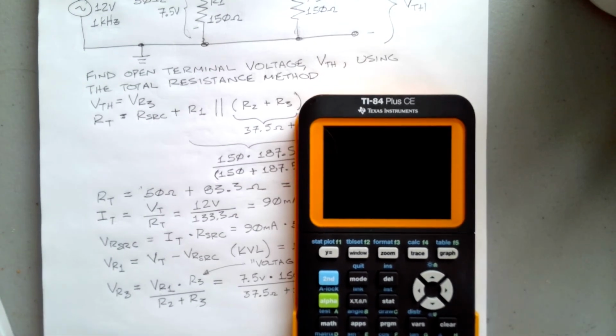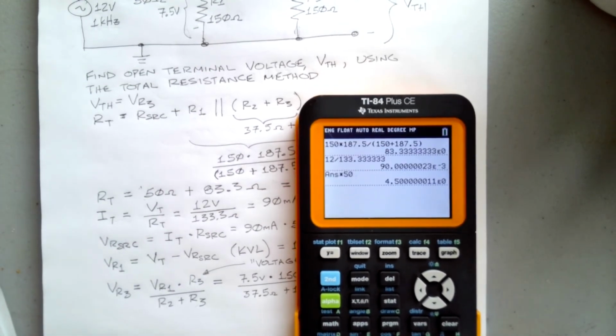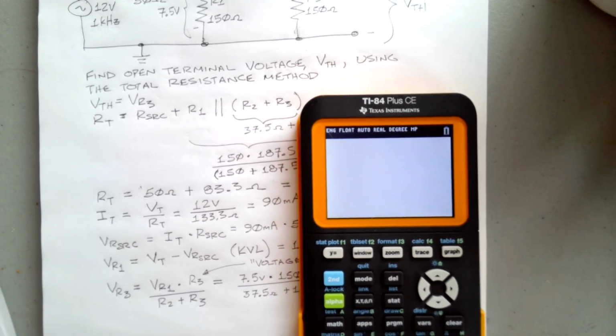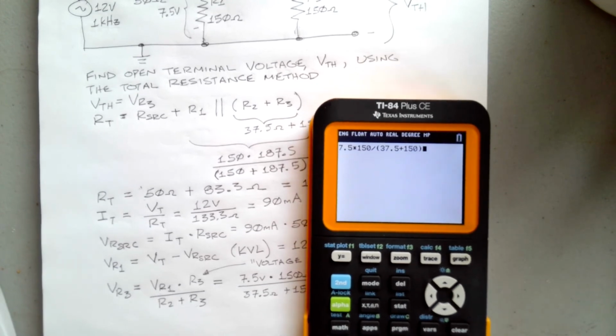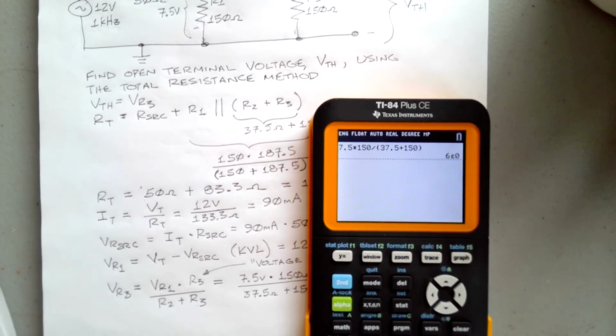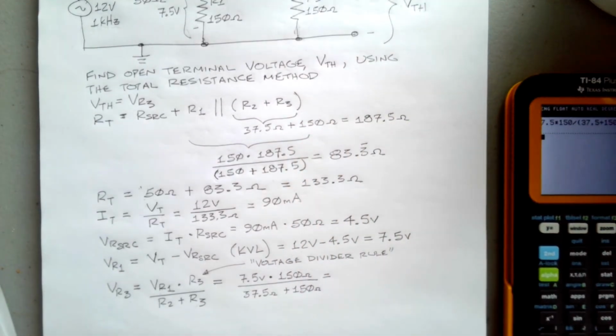And let's do the business here. So I'm going to clear that off so that we have 7.5 times 150 divided by the quantity 37.5 plus 150, end of quantity. And survey says 6 volts.